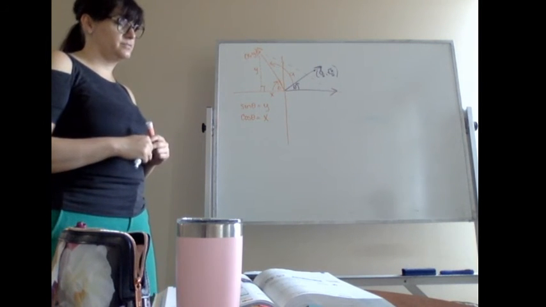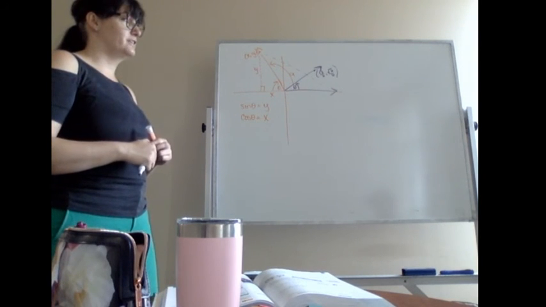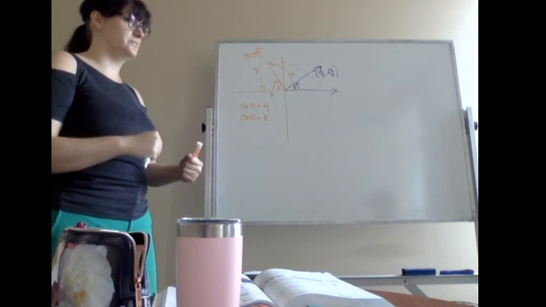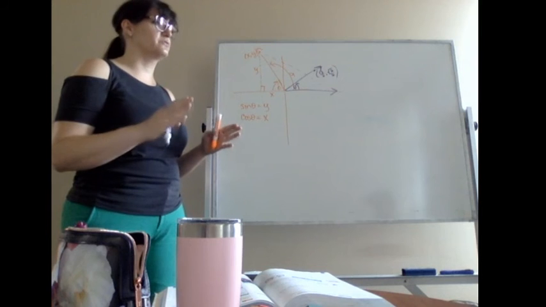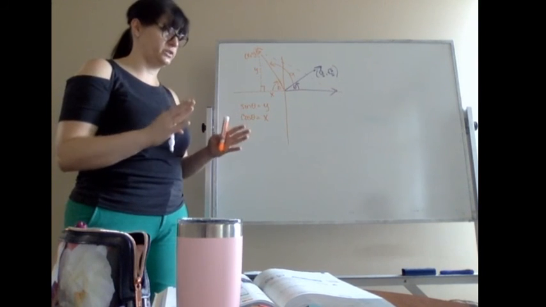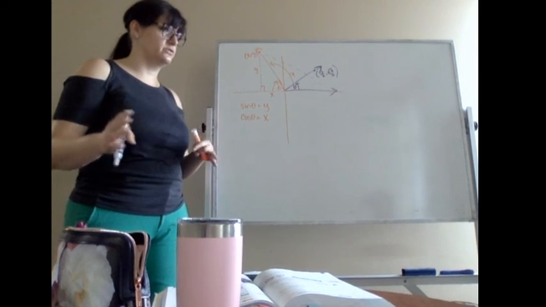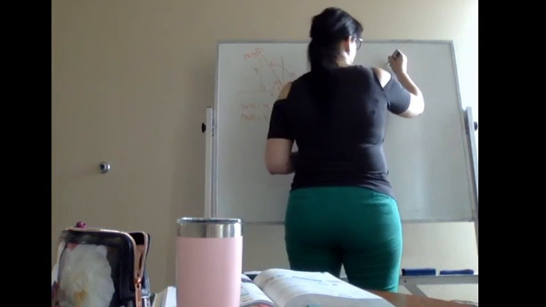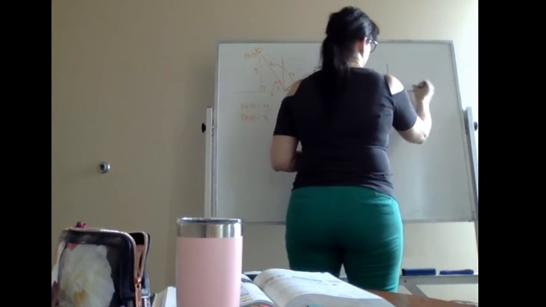In fact, there is a circle called the unit circle. It's called that because the radius of that circle is 1 unit. 1 unit of whatever, on a grid.